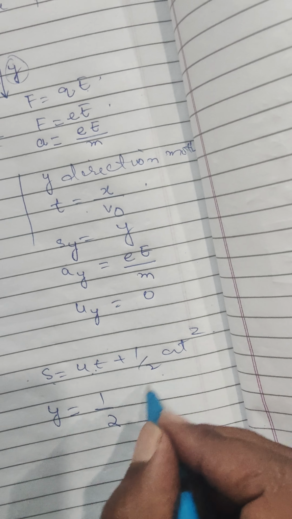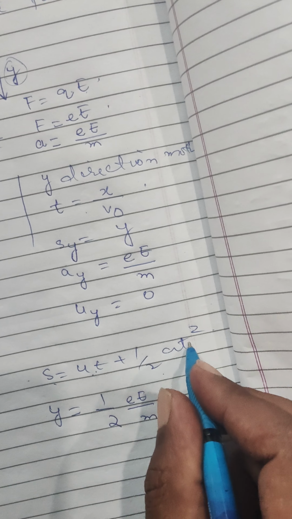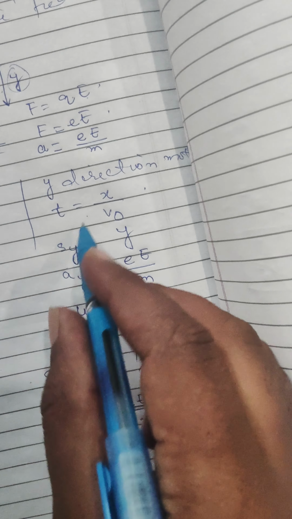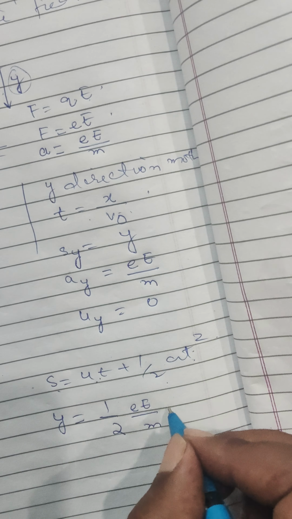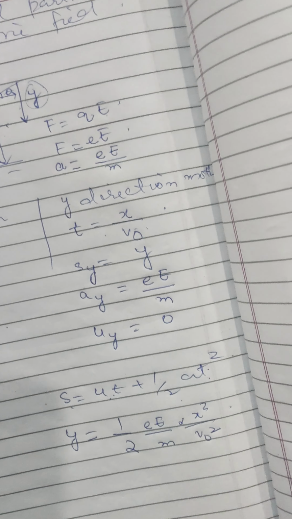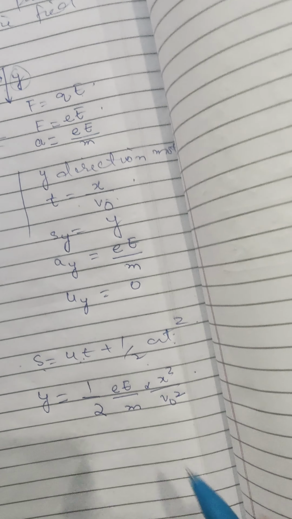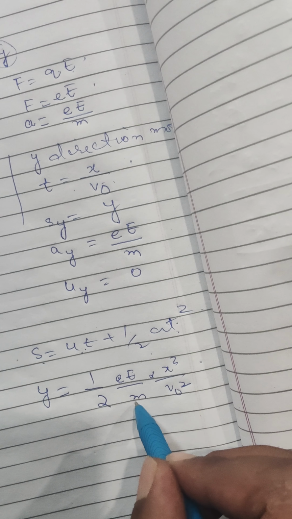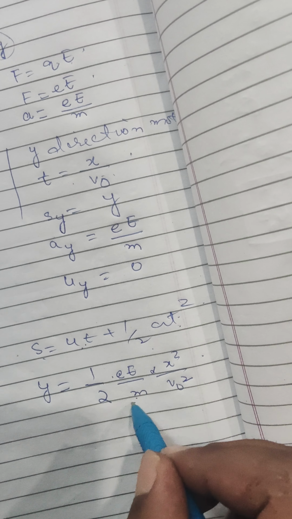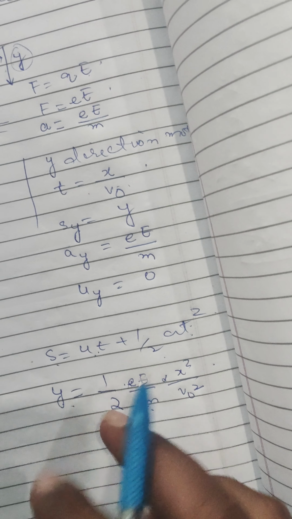Now half acceleration is eE upon m, times t square, where t we got here is x upon v0, so t square is x square upon v0 square. This is the total deflection of this electron, and it depends upon the charge upon mass ratio. So the greater the charge upon mass ratio, the greater the deflection; the less the charge upon mass ratio, the less the deflection.